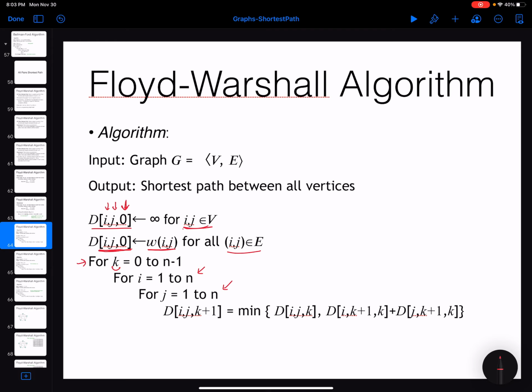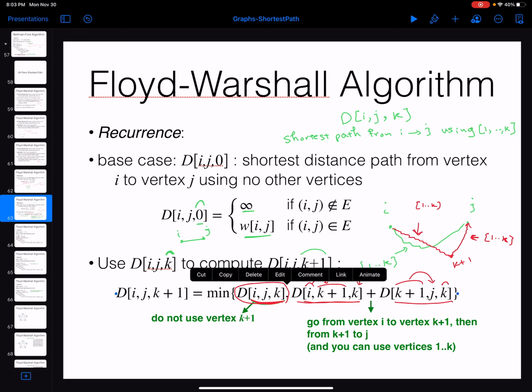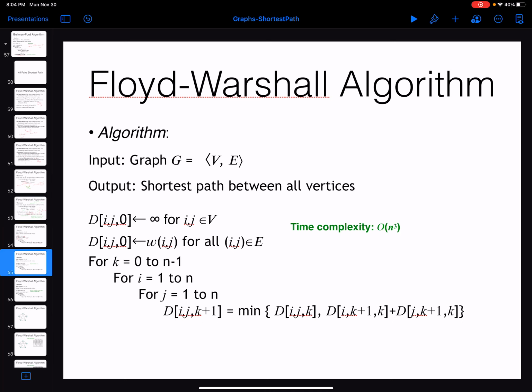So d of i, j, and k plus 1 is going to come from the minimum of this one and this summation. Just keep this relationship in mind. Let me copy this one and put it over the example that I'm going to show you.